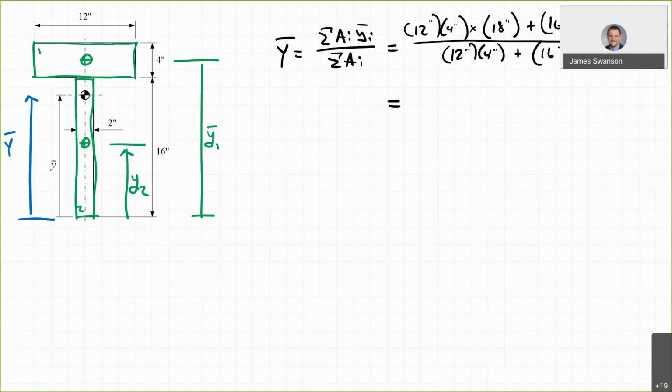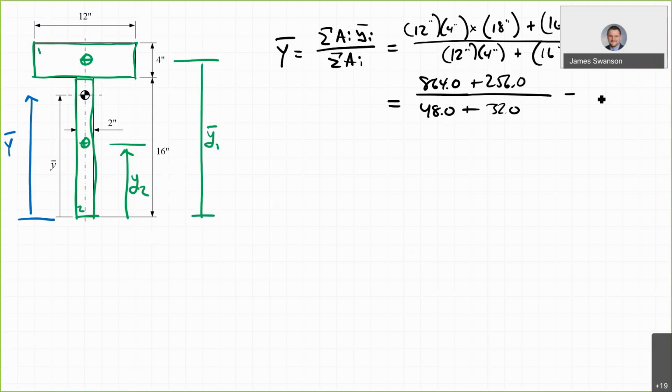So we would end up with 12 times 4 gives me 48. And then 18 times that gives me 864. And then we have 16 times 2 gives me 32. And then I multiply by 8 and I get 256.